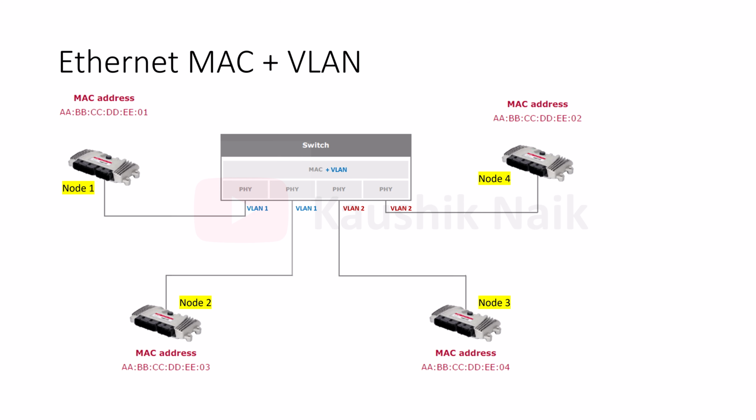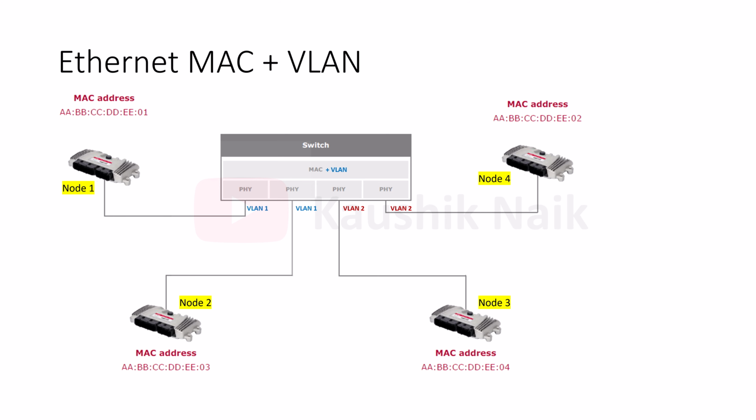Next is VLAN, which is Virtual Local Area Network. The VLAN configurations are also done in the data link layer. VLAN tags are used to group certain physical channels into a virtual LAN. Let's say we group physical channels of node 1 and node 2 with VLAN 1 tag and node 3 and node 4 with VLAN 2 tag.